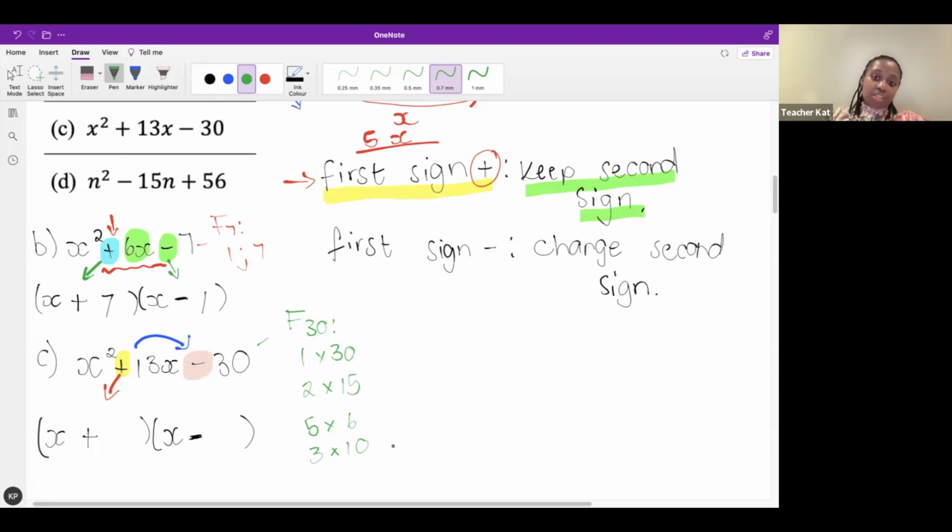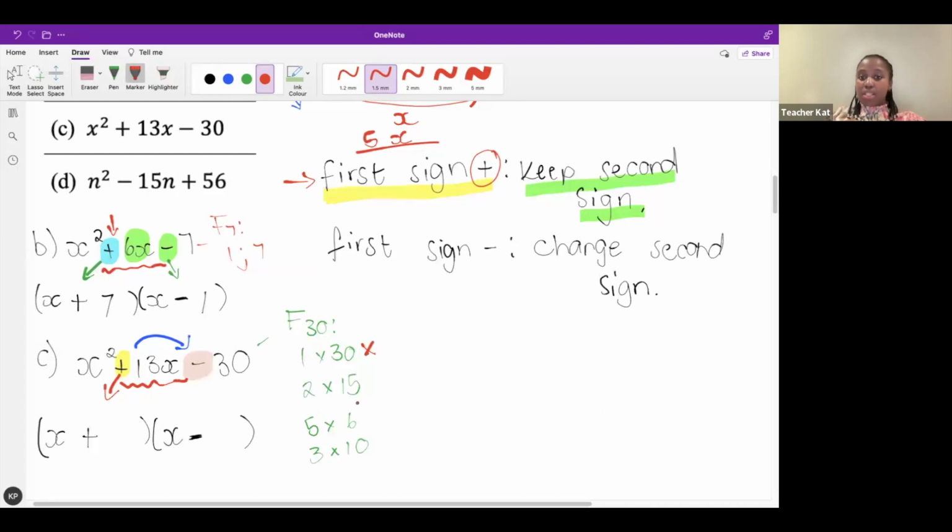Now, out of these factors, we want a pair that's going to give us positive 13. Can you give me suggestions of which pairs will give us positive 13? Can 1 and 30 ever give us a 13? No. 1 and 30 will never give us 13, right? It'll be 29 or 31. So this is eliminated. 2 and 15.